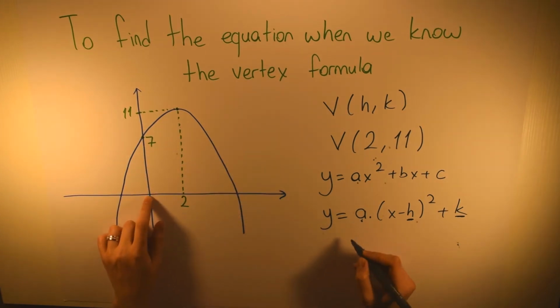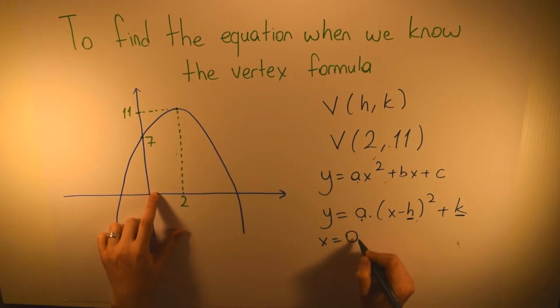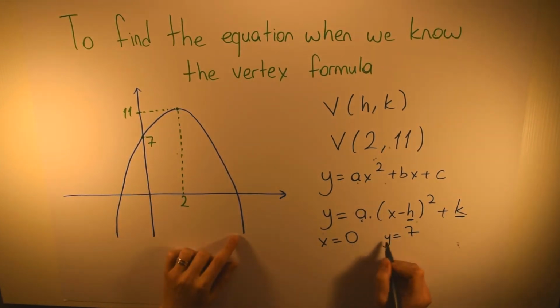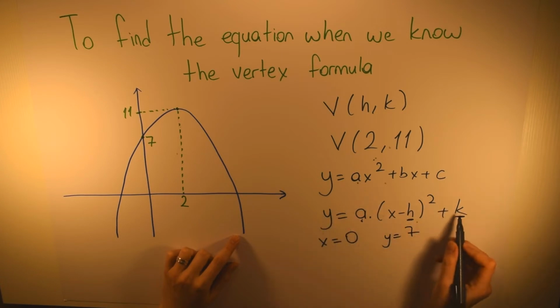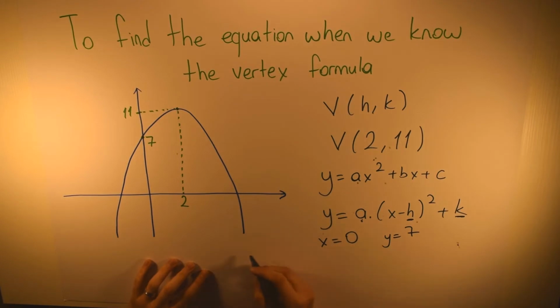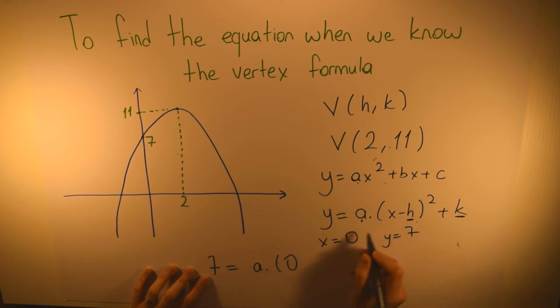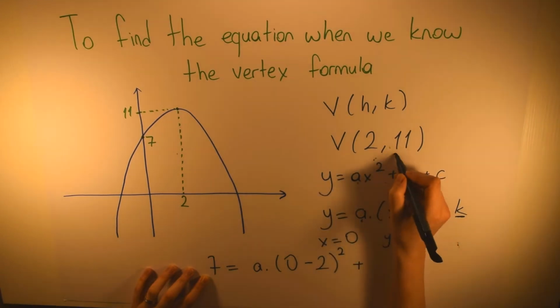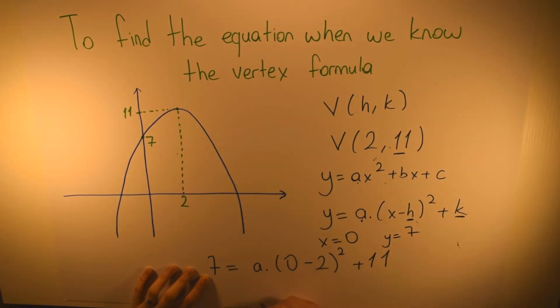So here we know that when x is equal to 0, y is equal to 7, right? If I put these points into this equation, I can easily find the value of a. So let's do that. 7 is equal to a times (0 minus 2) squared plus 11.